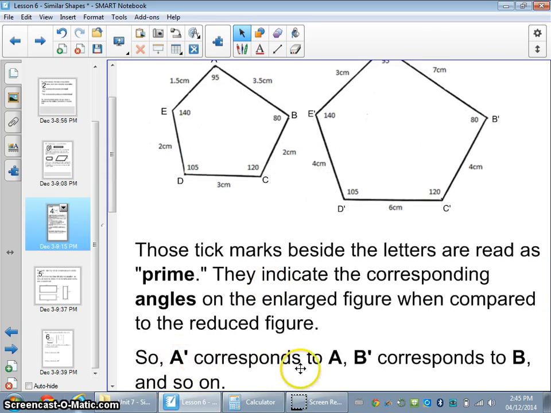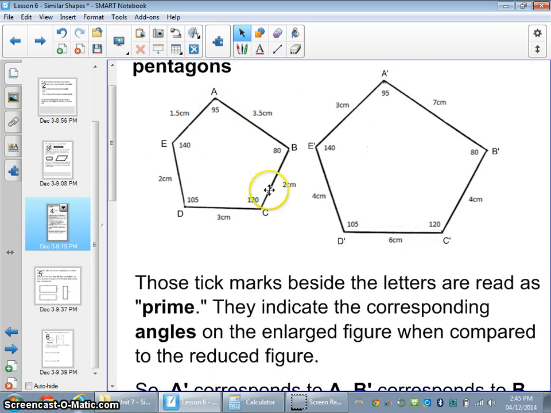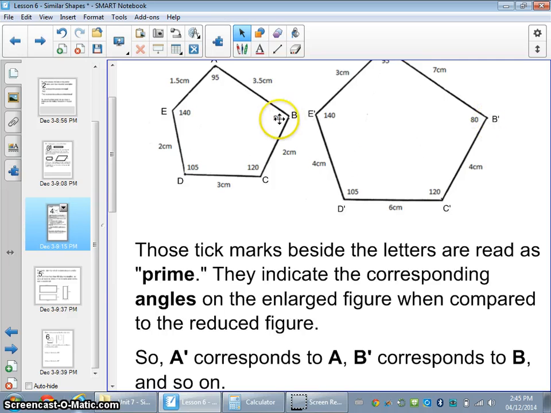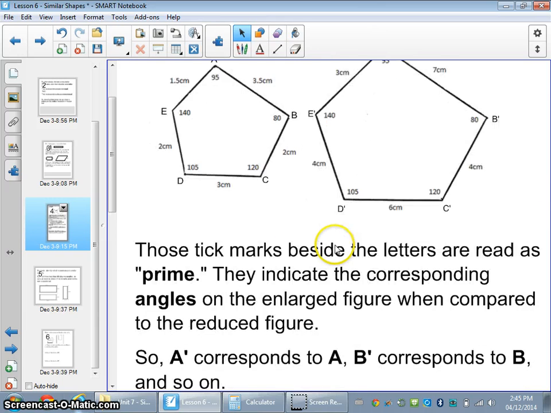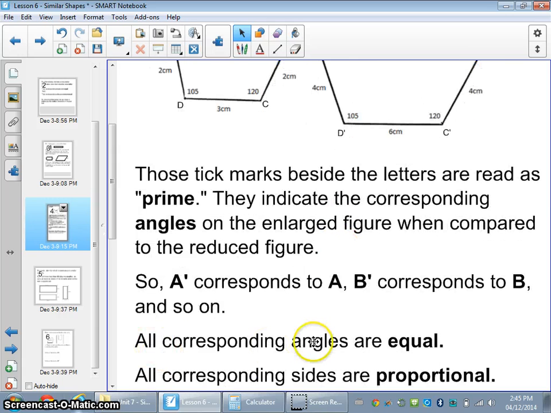So basically, A prime corresponds to A. This one corresponds to here. B prime corresponds to B, and so on. That's just another way of naming a rectangle or another shape, just by putting a tick mark after all the same letters from the original one. Like we saw, all corresponding angles are equal, all corresponding sides are proportional, so these are two similar shapes.